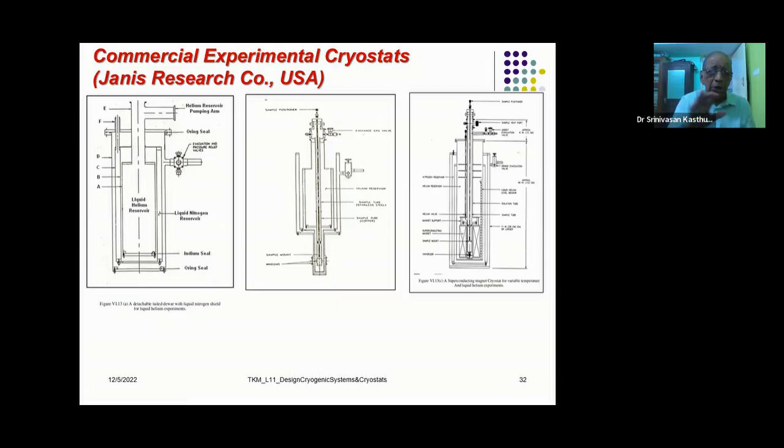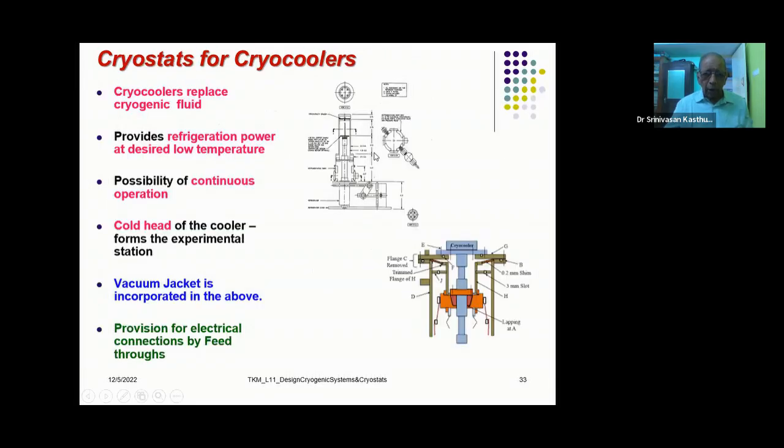So these are commercial experimental cryostats which are available as per the requirement of the user. One can buy these cryostats and use them for the application. Okay. Now let me discuss the cryostats for cryocoolers. The cryocoolers normally replace the cryogenic fluids.